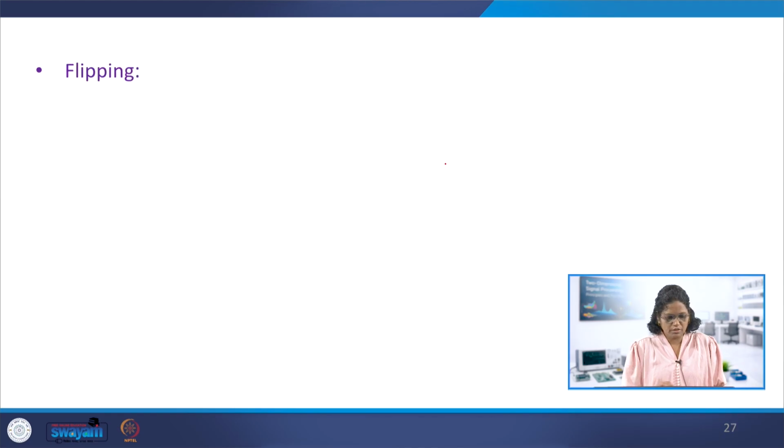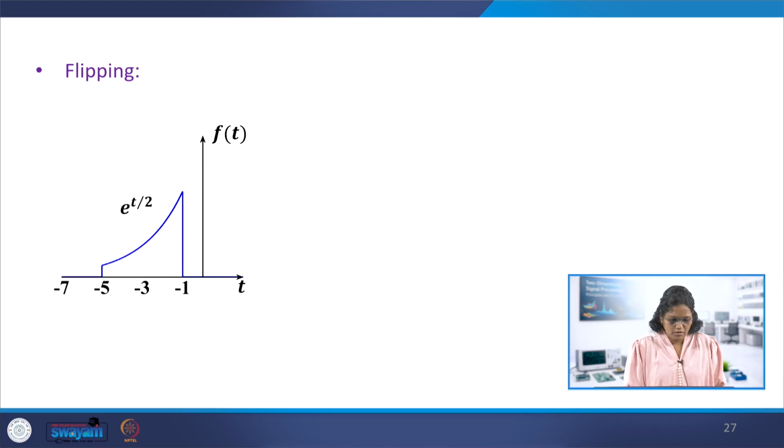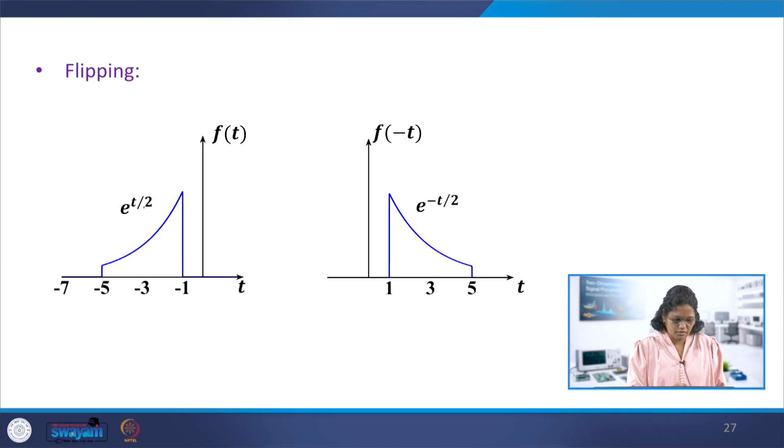So now coming to the flipping operation, just how do we get the mirror image of this? For example, the signal f of t is e power t by 2, that's an exponentially increasing signal, and if you flip it, the t is made minus t here, so this t becomes minus t over here.